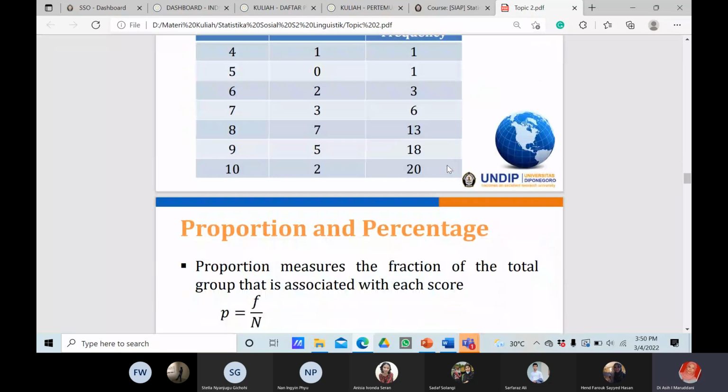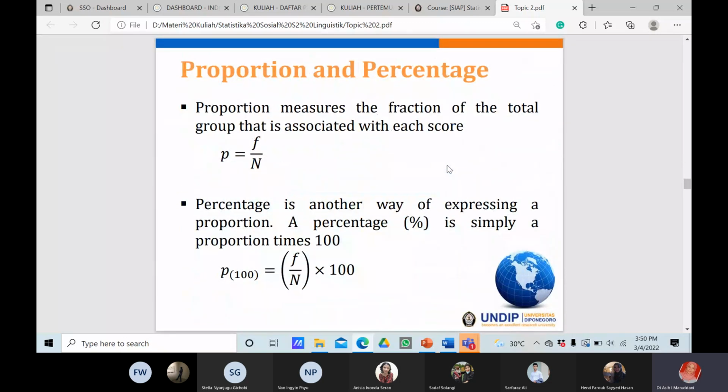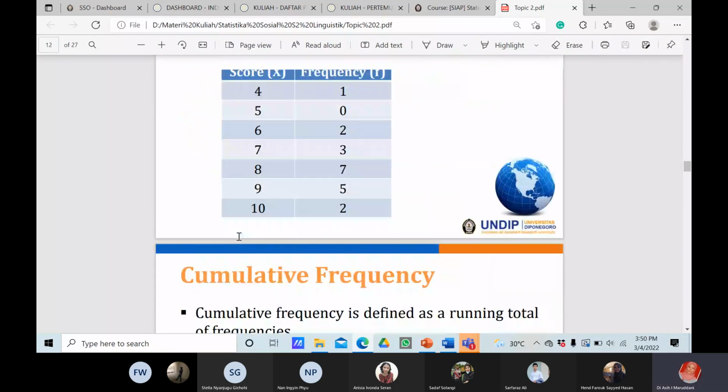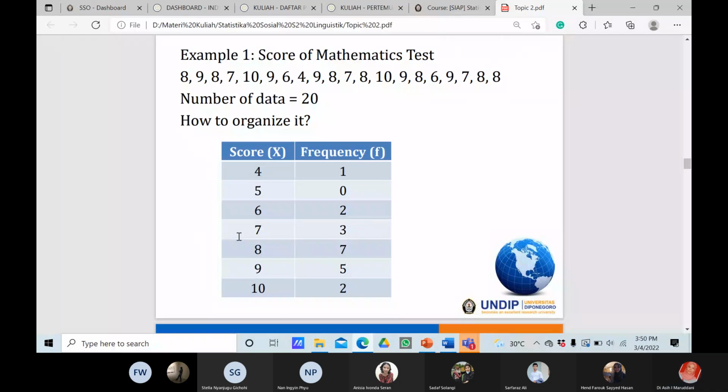The cumulative frequencies. When you use Excel, maybe I want to tell you the simple way to produce these scores.